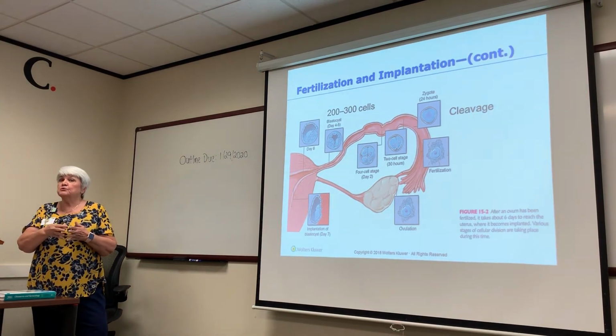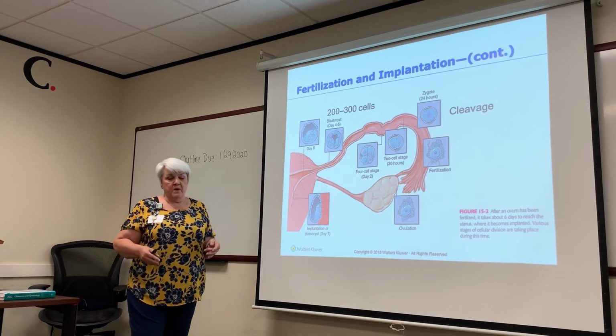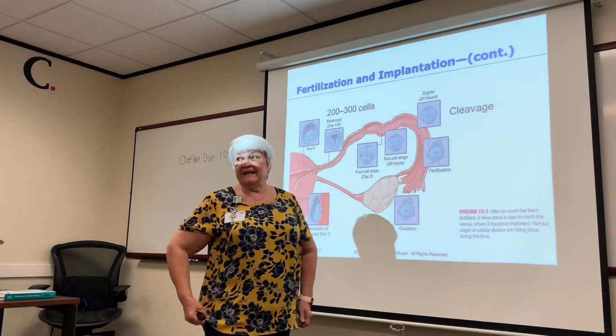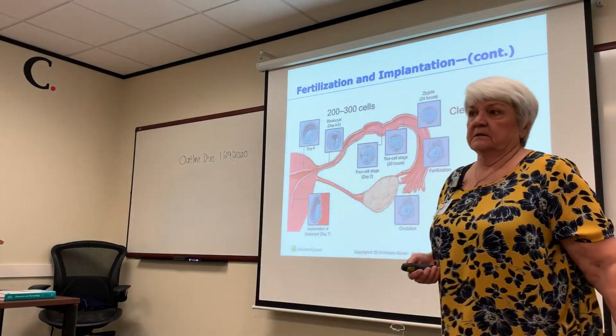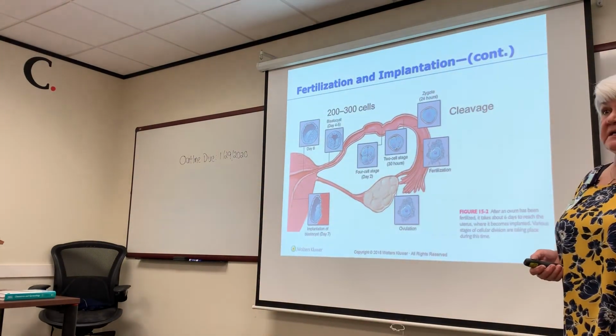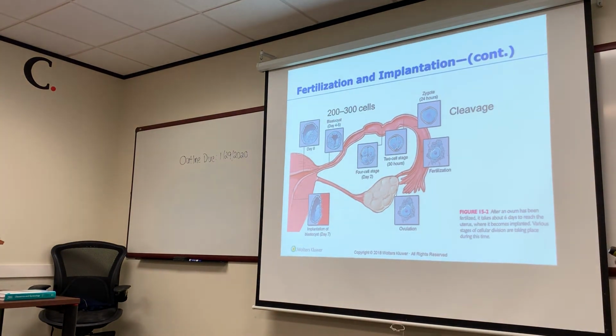Where the cytotrophoblast implants is going to be the primitive placenta starting. So that's why we can do chorionic villi testing of the placenta in the first trimester. It's an invasive procedure where they can go in and check the chromosomes.